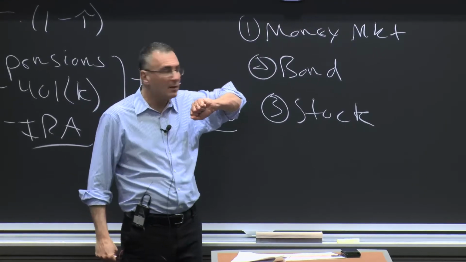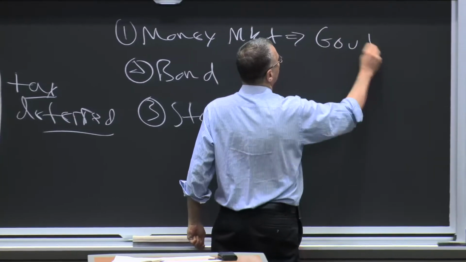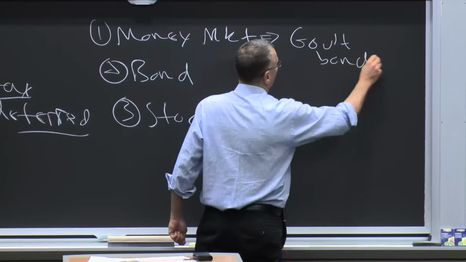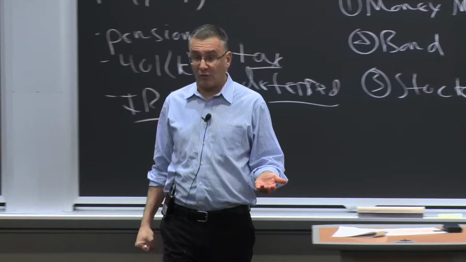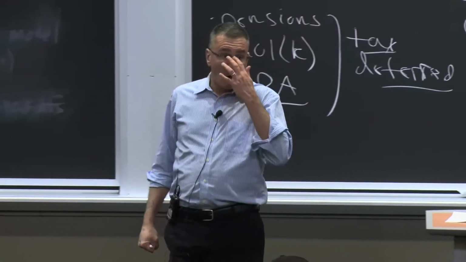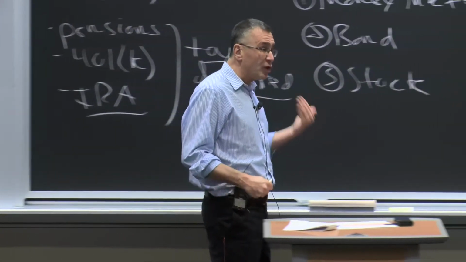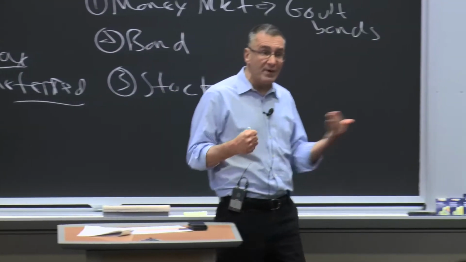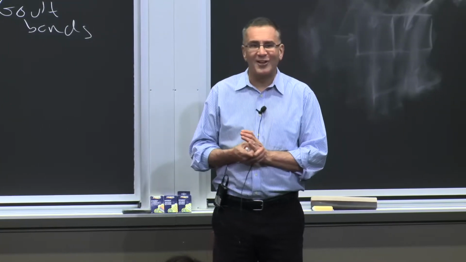What do these mean? Money market means the money's invested in what we call treasury securities, government bonds. These are ultra safe, as long as the U.S. doesn't default on its debt, which we've never done in our history, and the good Lord willing we won't in the near term.